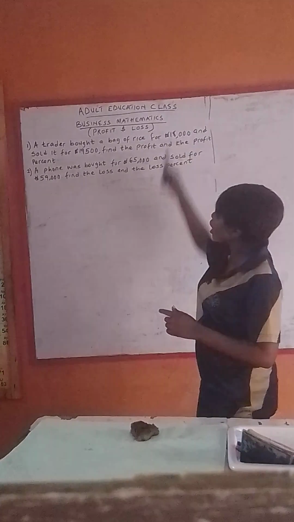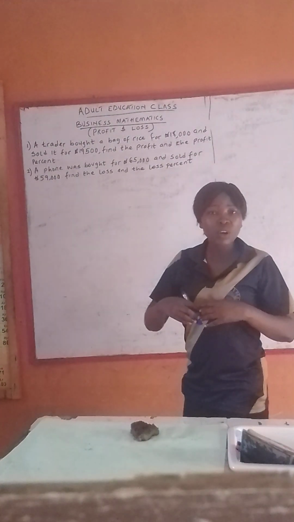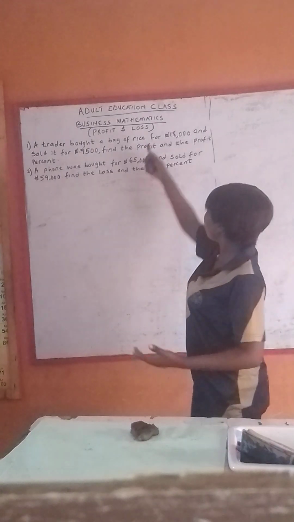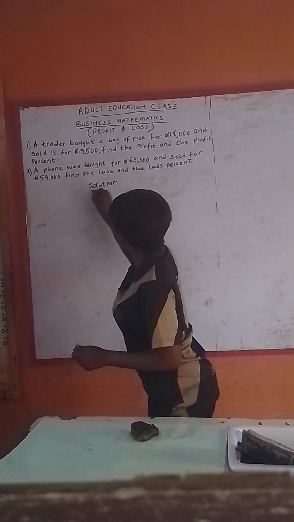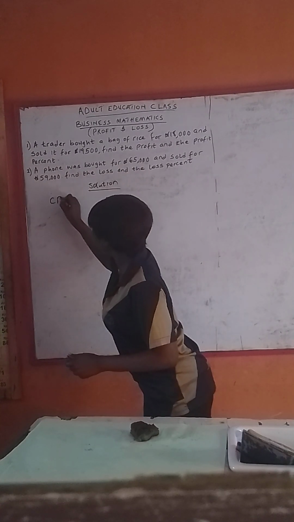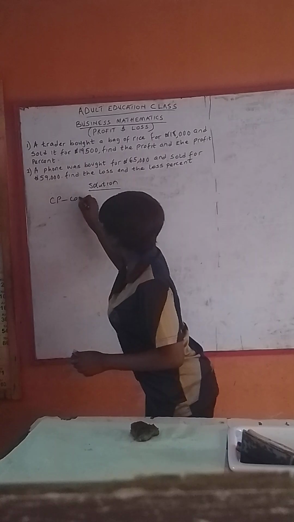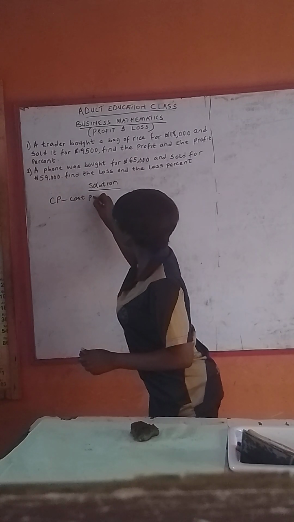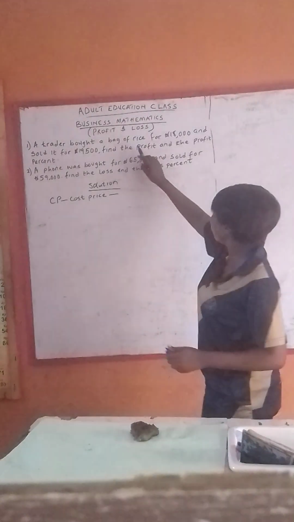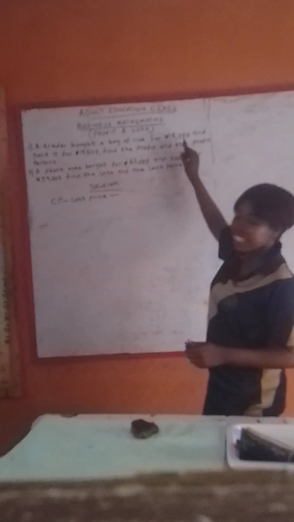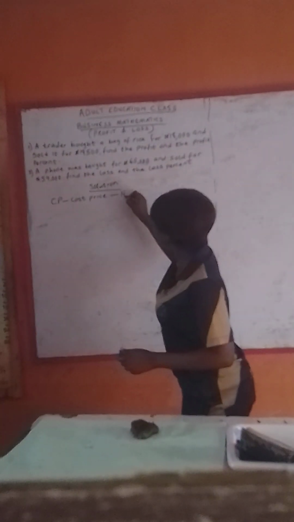That means the cost price of the bag of rice is, now let's quickly look at how to solve it. The cost price is the amount you bought an article, and cost price here is 18,000 naira.